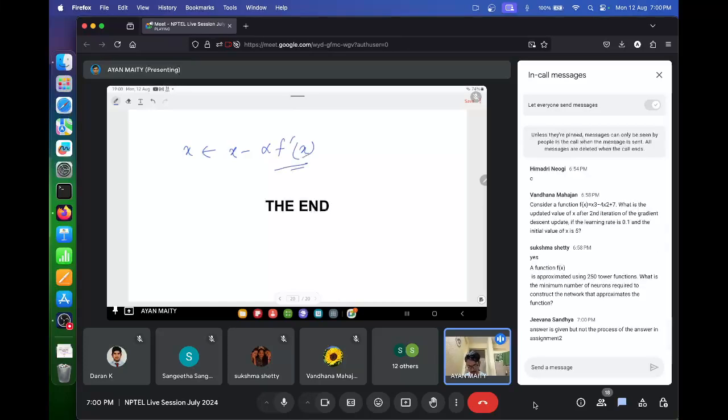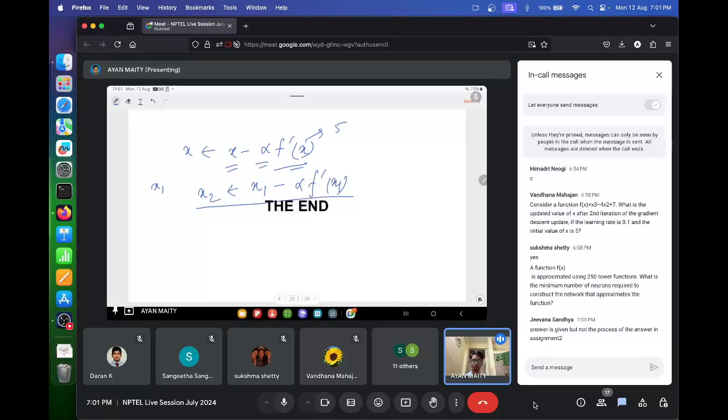The initial value of x is given as 5. So if you compute f dash 5, and you have alpha, you also know the initial value 5. That is the first iteration. Now you will get a new value x1, let's say. Then you compute f dash x1 again. This is after the second iteration.